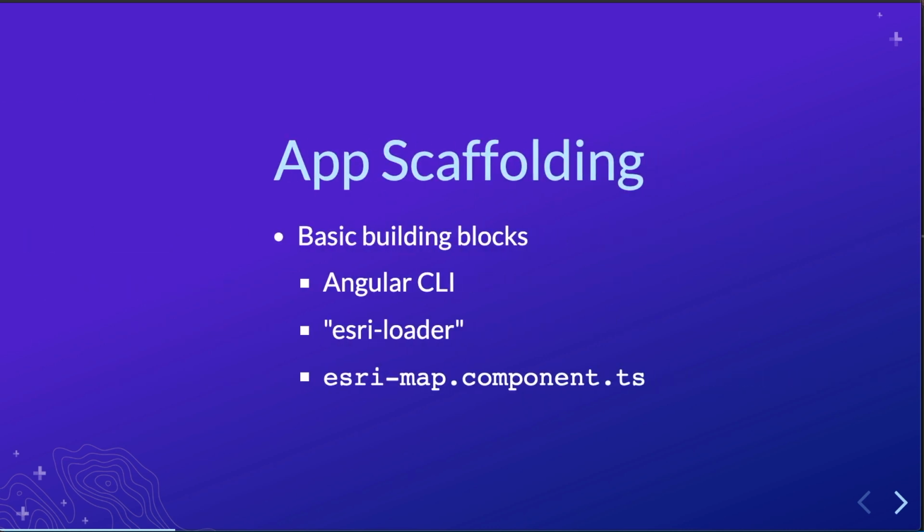And lastly, before I hand this over, I want to familiarize you with some of the app scaffolding. These are just some of the basic patterns inside the repo that we'll be repeating over and over again as important concepts so that you can get started quickly and easily with the ArcGIS API for JavaScript.